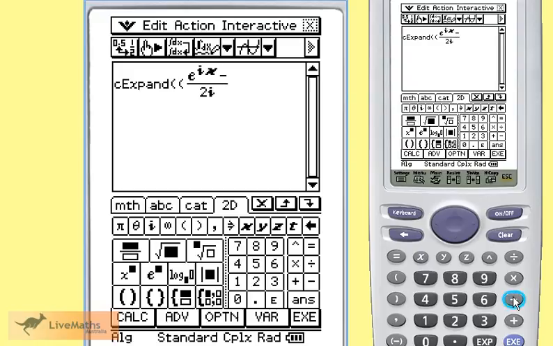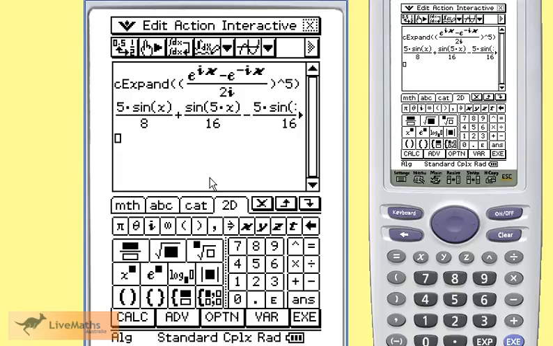So that's now minus, and we have e to the negative ix, close the bracket, and we need all of that to be to the power 5, close the bracket and execute, and we get 5 sin x over 8 plus sin 5x over 16, take away 5 sin 3x over 16.